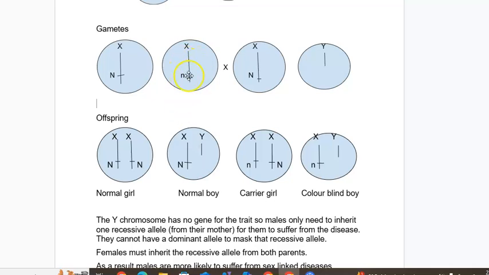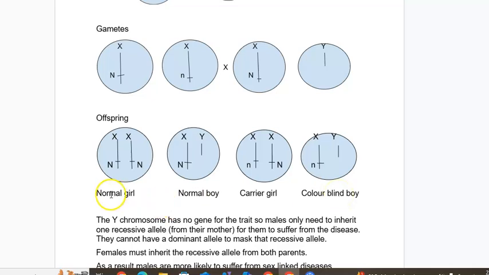Now, here we have the situation where the egg with the recessive allele is fertilized, first of all, by the sperm with the normal allele. And in this case, we have a carrier girl. And in the other case, where this egg is fertilized by the sperm with the Y chromosome, we're going to have a color-blind boy. Now, if you notice, it's only the boys that can be colorblind in this situation.